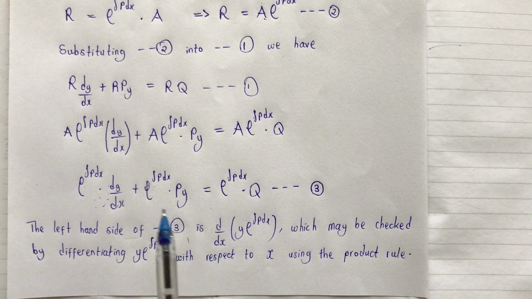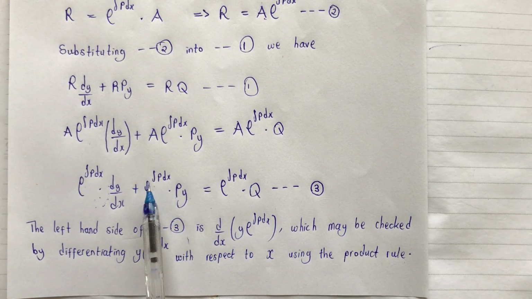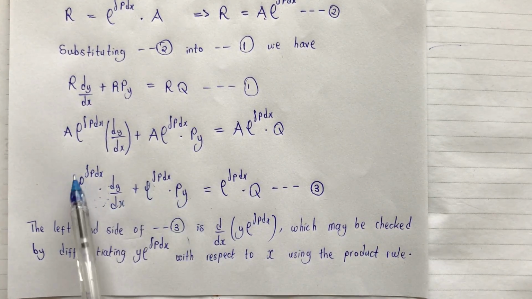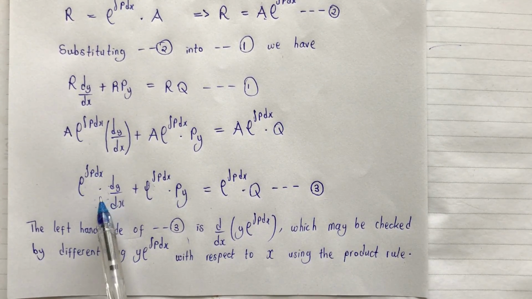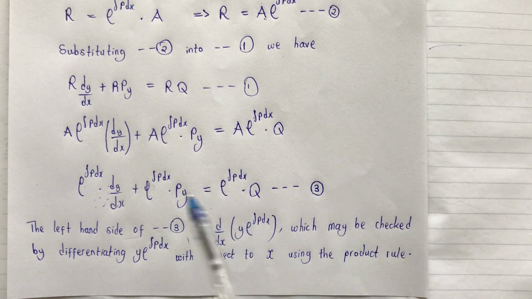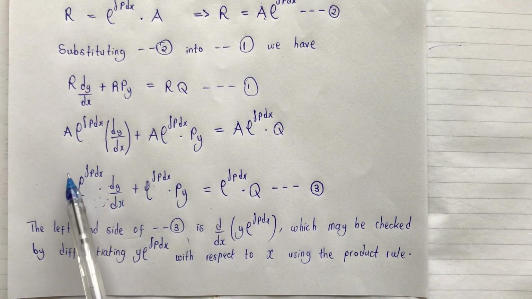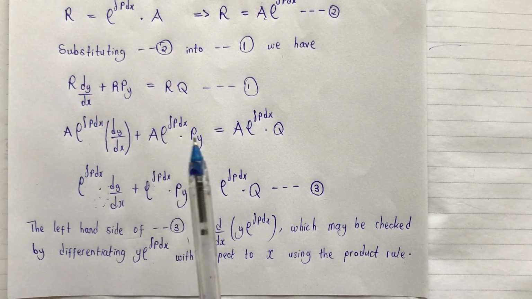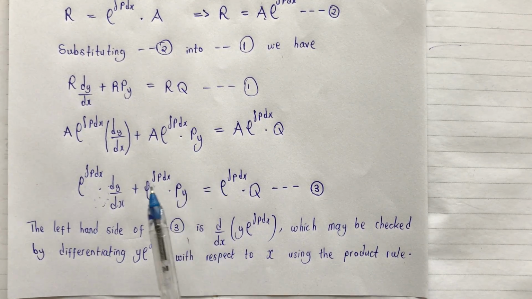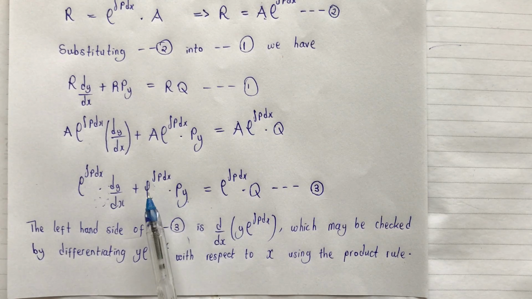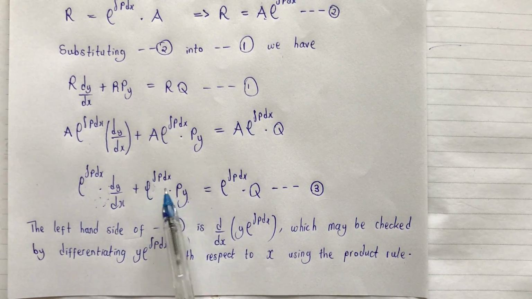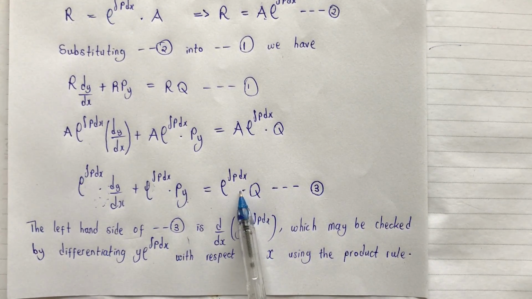This means that when we take the derivative of e and y, we will generate the left side of equation 3. So anytime you are solving a linear differential equation, when you get here, there is no need to solve this side. All you need to do is take the derivative of the variable y and the integrating factor and equate it to the right hand side of the equation.